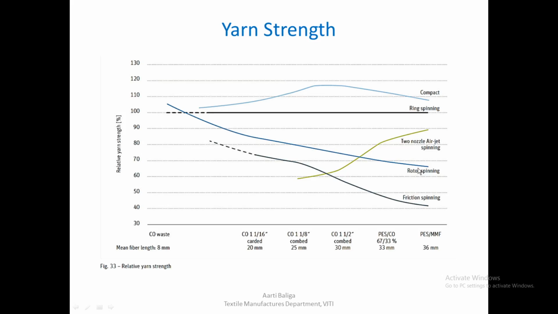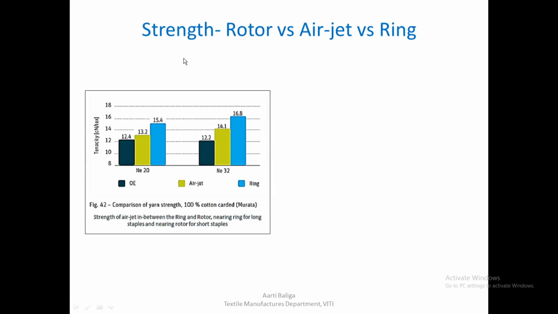Then we see the two nozzle airjet spinning, which is the only system where as you go with the fiber, the yarn strength goes on increasing. So having seen this particular graph for strength and comparing them with the different systems that this particular ring spun yarn compares with, let us go to the next graph.